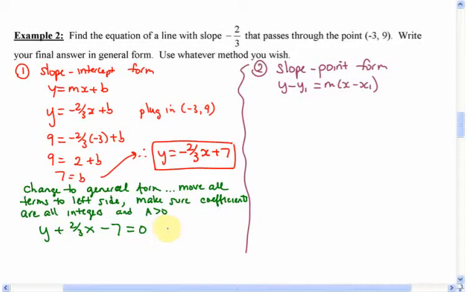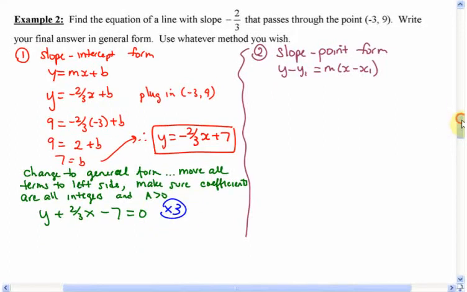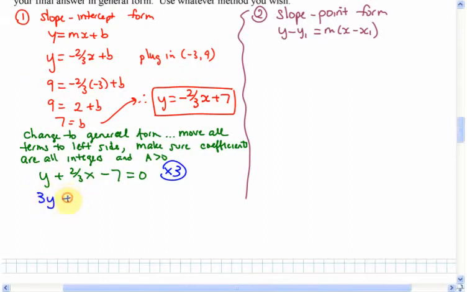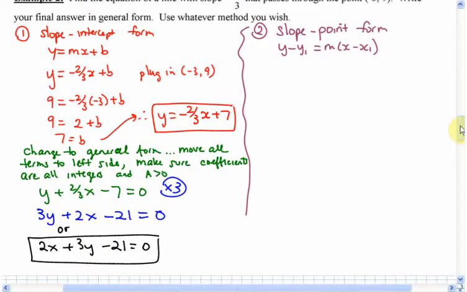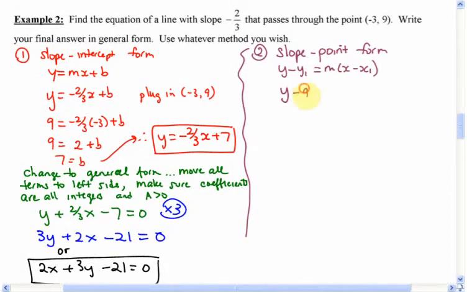By the way, here, if you don't like fractions, we've got to get rid of this fraction. Multiply everything by 3. Don't forget to multiply every single term by 3. I'm just going to switch the order. Careful with the negatives.